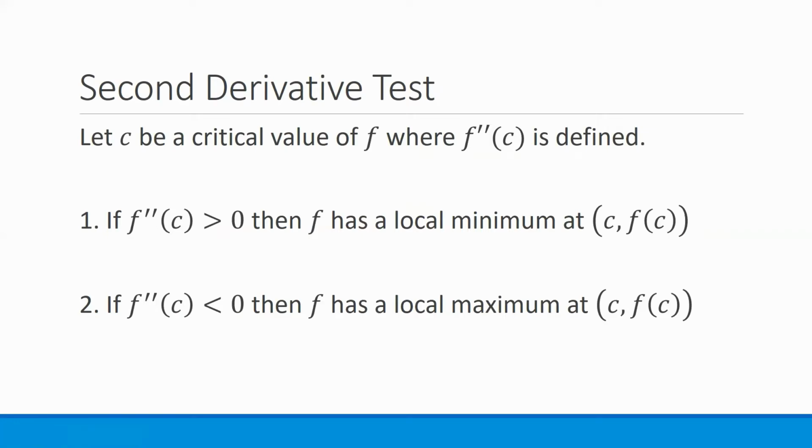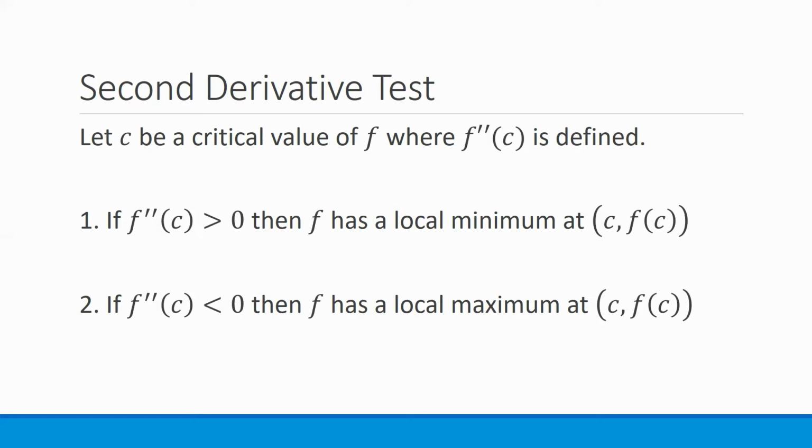Let C be a critical value, and let the second derivative at C be defined. If the second derivative is positive at C, then the function has a local or relative minimum at that point. If the second derivative is negative at C, then the function has a local or relative maximum at that point.